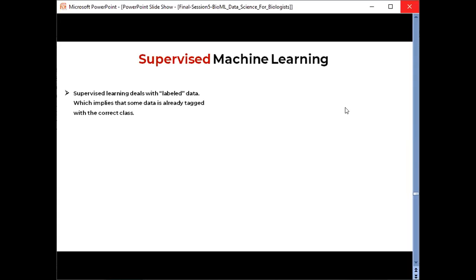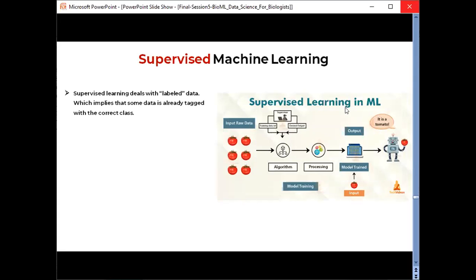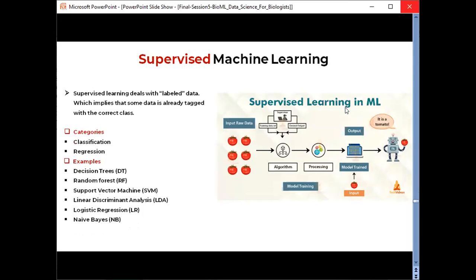Overall, supervised machine learning learns based on training data having labels. Supervised machine learning can be of mainly two types, that is classification and regression. In classification, you are classifying the samples into classes, while regression predicts continuous values, whereas in classification you are dealing with a particular category or discrete values.